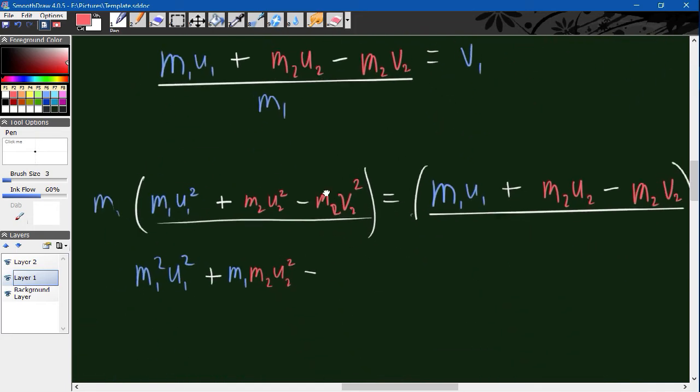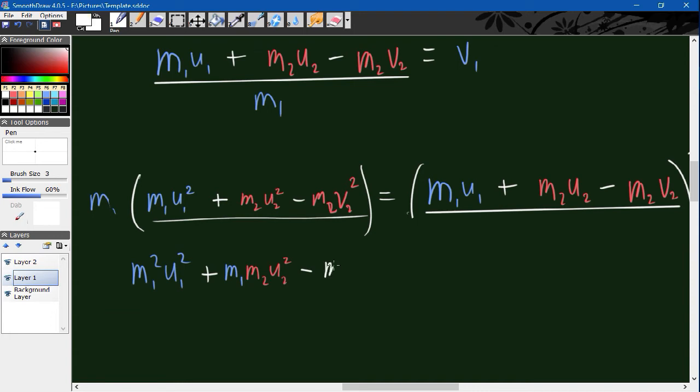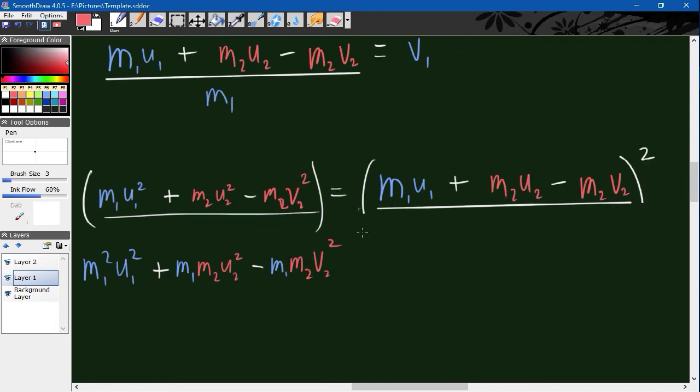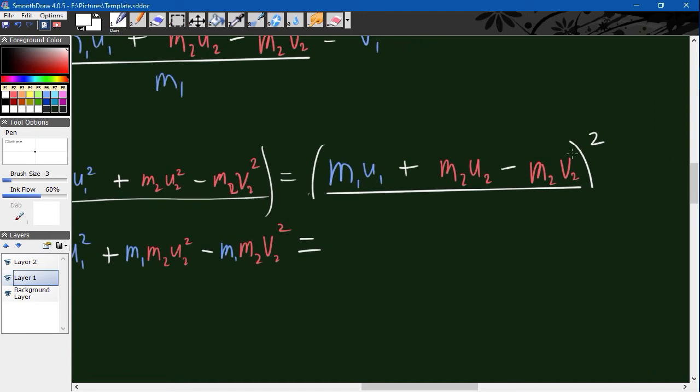Mistake 7. m1, no, that's not the right color. m1 m2 v2 squared is equal to whatever this is when we square it. It's hard to square trinomials. Okay, it's really lame, it's really boring.